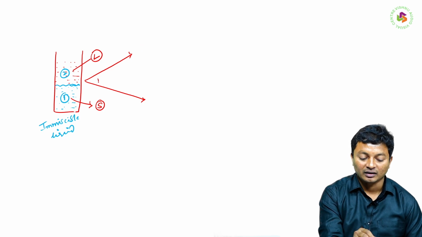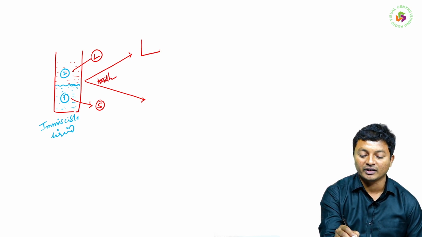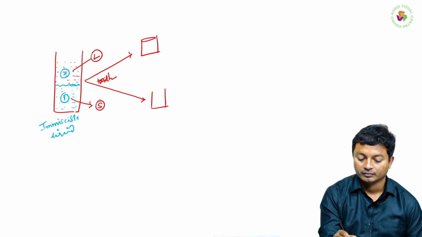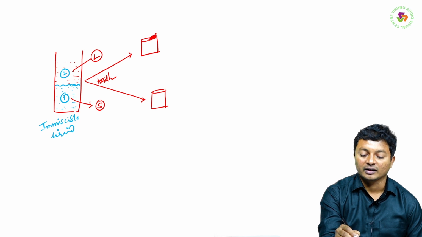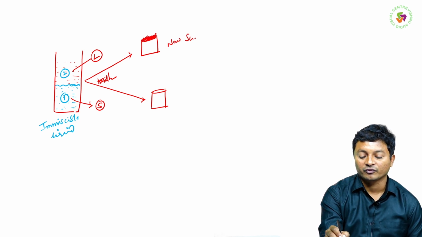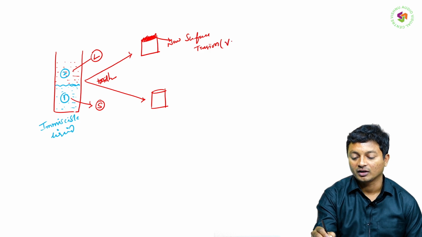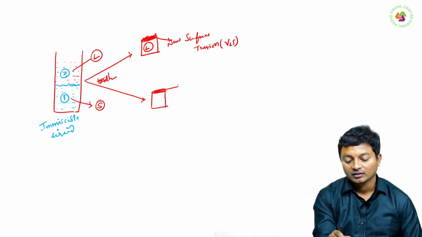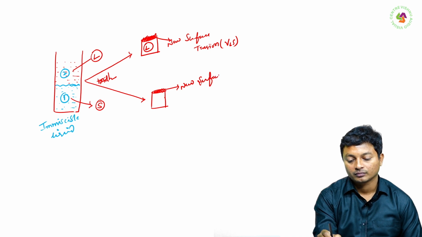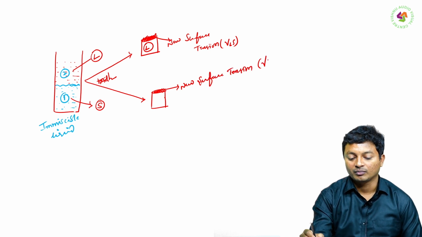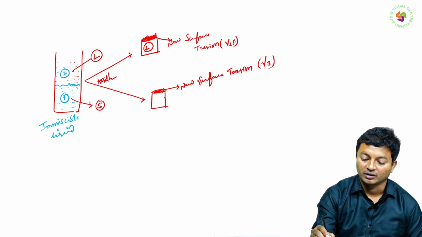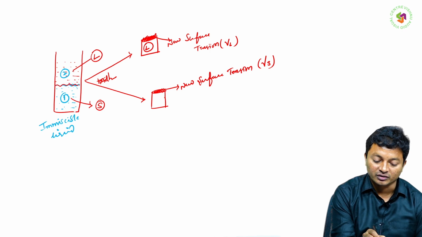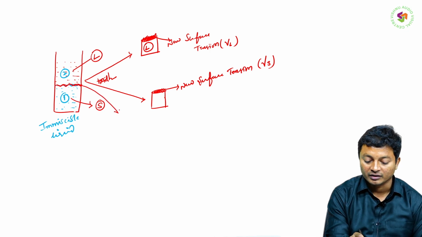While we are applying the adhesive force, it will divide into two portions, and here we will get a new surface tension, that is gamma L, the liquid sample, and we also get another new surface tension, that is gamma S. At this portion, as we have an immiscible liquid, the interfacial tension will be written as gamma LS.